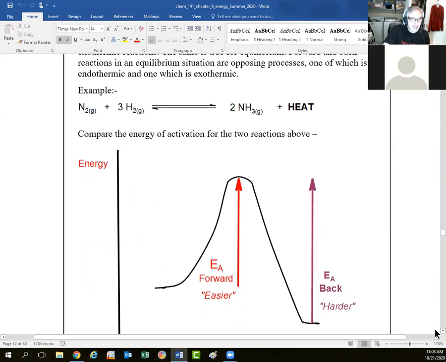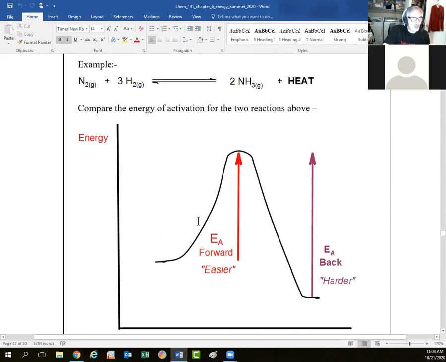If we look at an example here with the Haber process for combining nitrogen and hydrogen to produce ammonia, NH3, that forward reaction is the exothermic reaction again because it gives heat energy out.